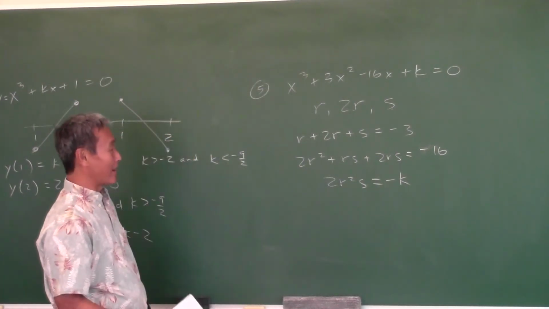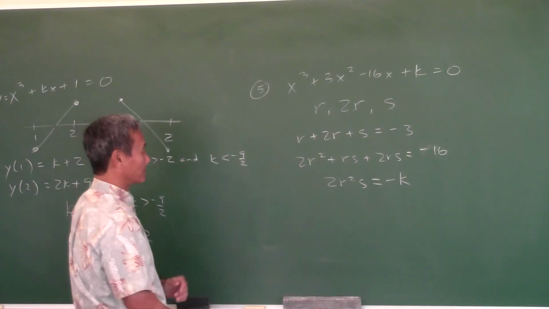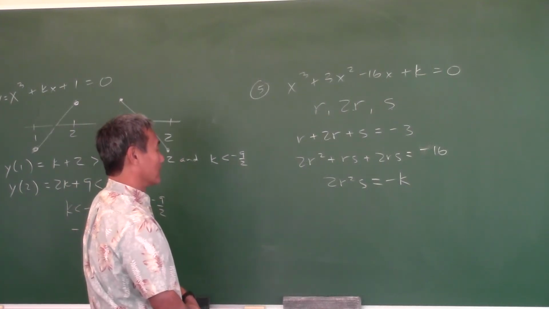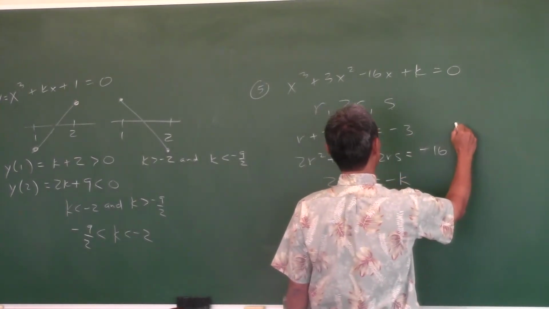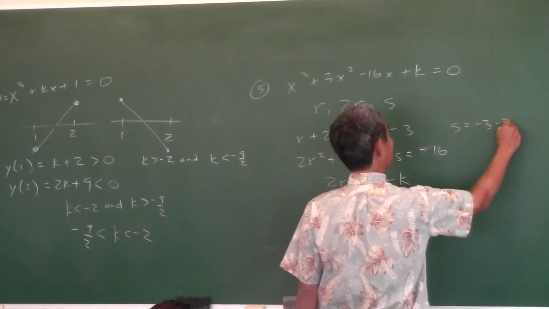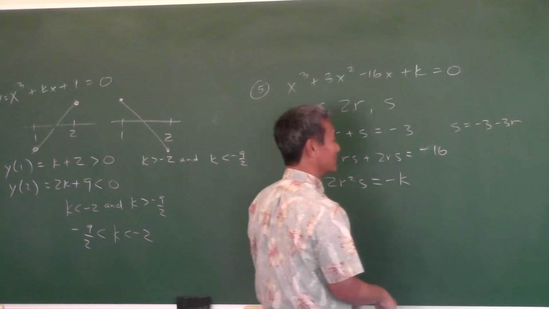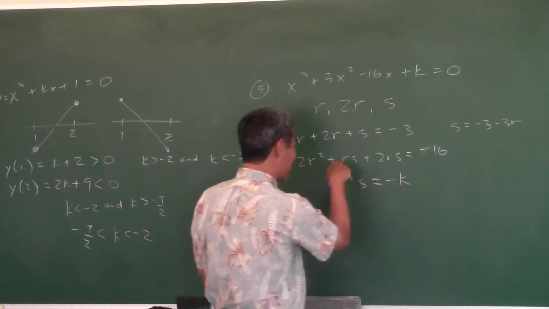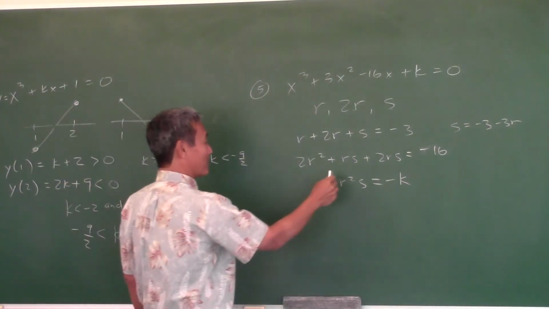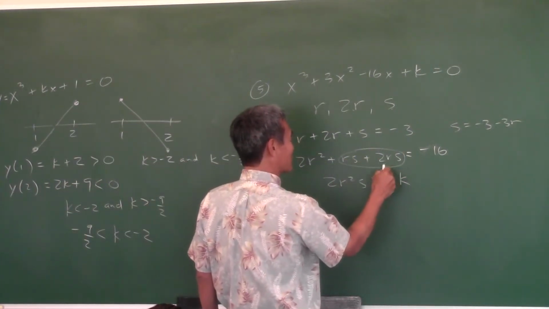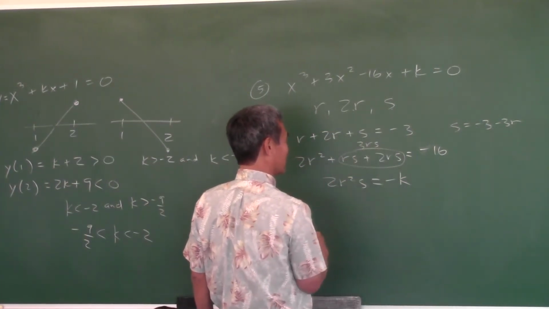Look, 3 equations, 3 variables. In the first equation, s equals negative 3 minus 3r. What do you think I'm going to do with that? Take that and plug it into this equation, and then you just have one variable. In fact, I would simplify this because isn't 1rs plus 2rs 3rs?